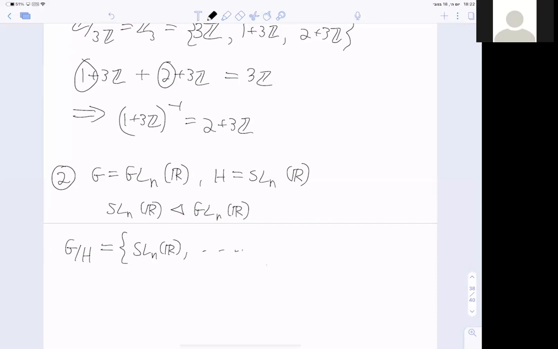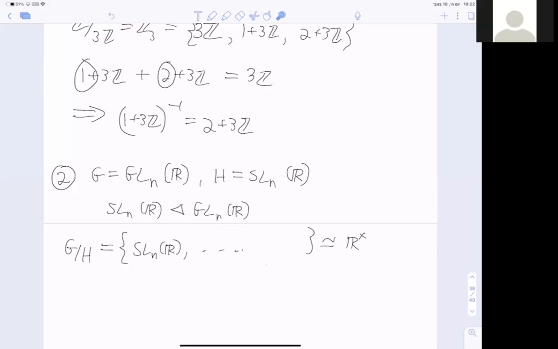We are going to show later by Emmy Noether that this is isomorphic to this group. Any invertible element here corresponds to one coset here. So this modulo this is like all the numbers without zero.